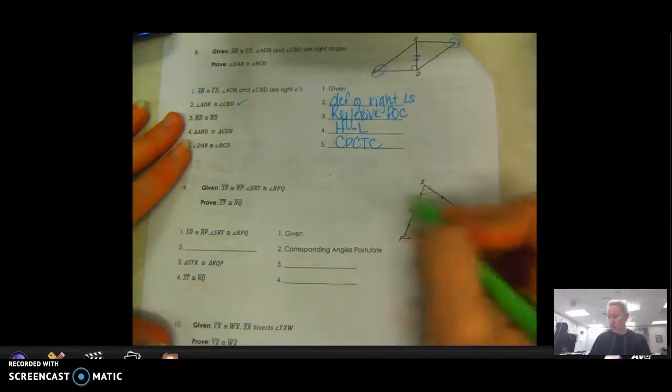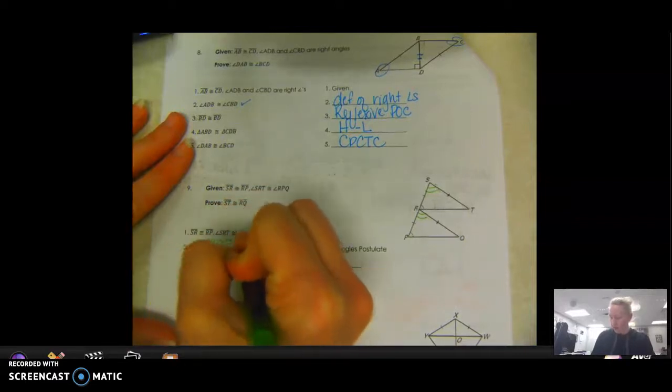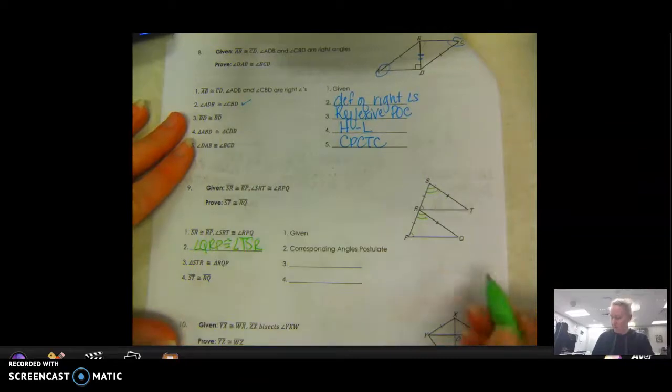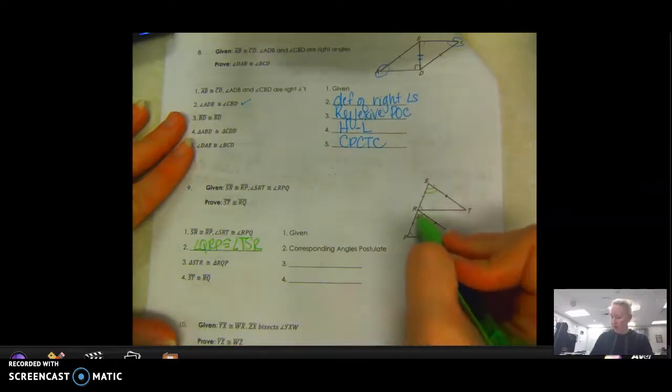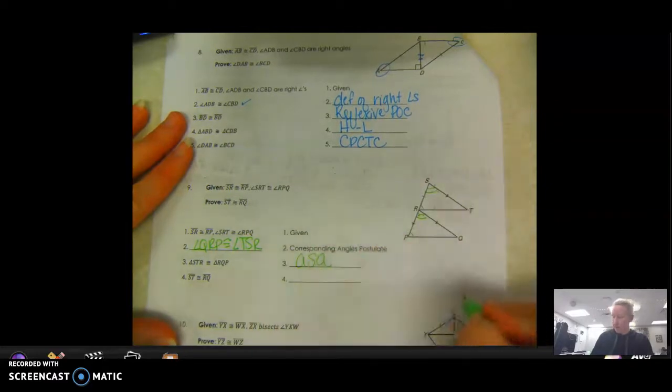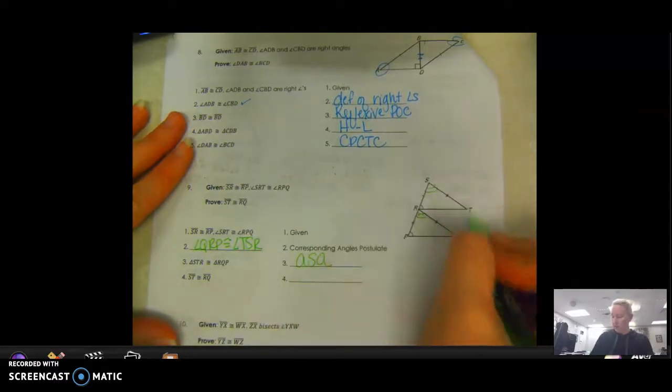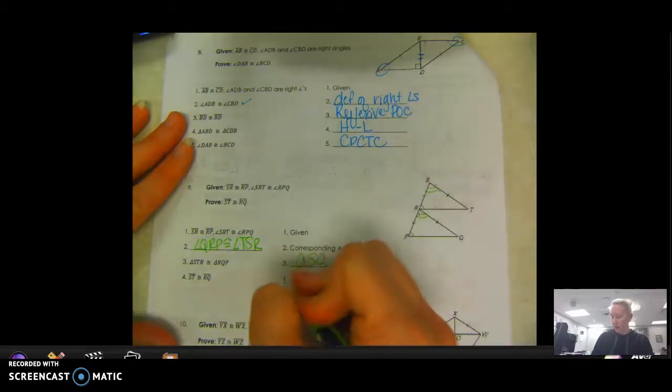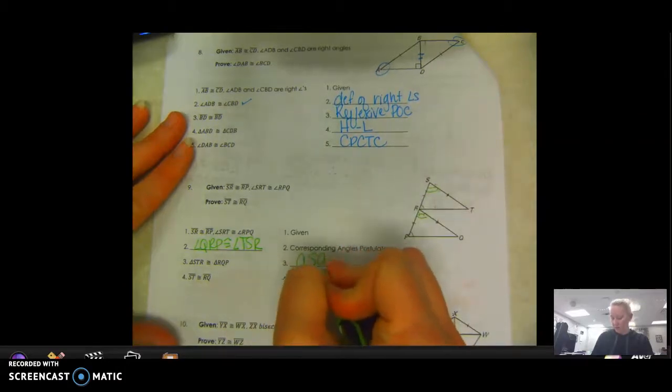Here's my transversal. They're on the same parts. So that would be angle QRP is congruent to angle TSR. Now that I know that, I have an angle, side, angle. So that'd be angle, side, angle. Therefore, ST is congruent to RQ by corresponding parts of congruent triangles are congruent.